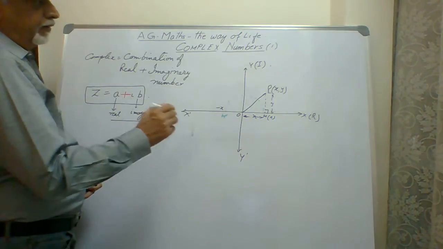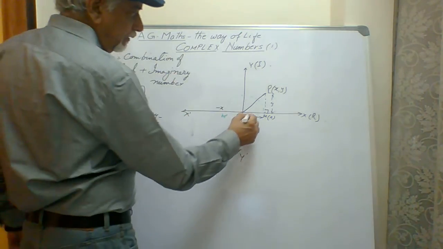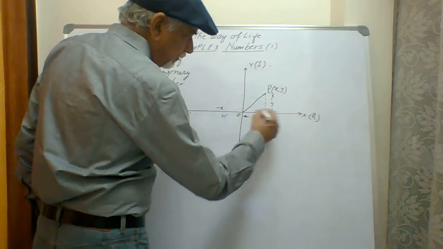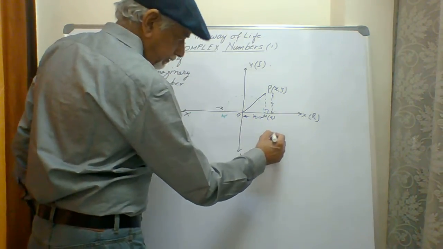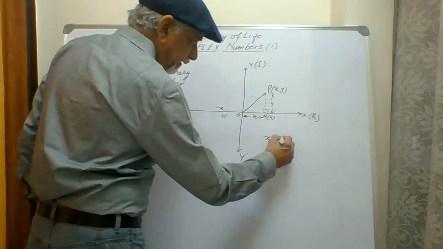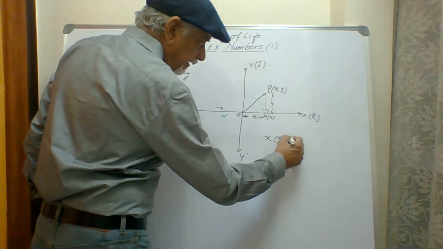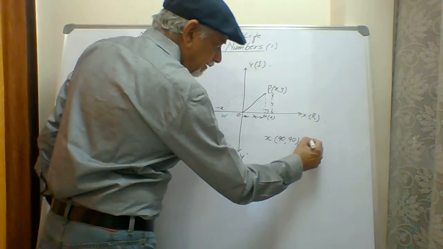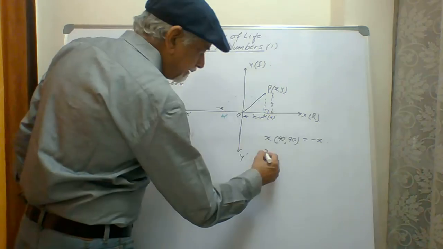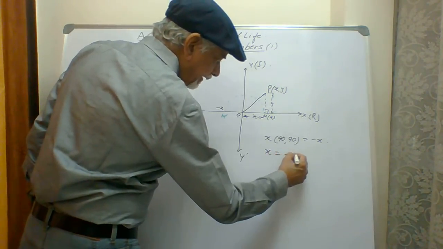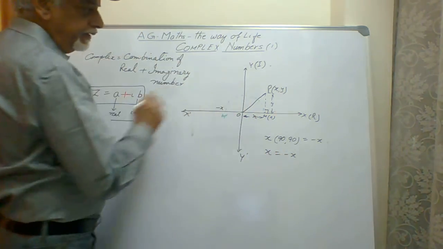Now we find that if x unit on the right side is turned by 90 plus 90 degrees, we get minus x. Or we also say x is becoming minus x by 180 degree turning.